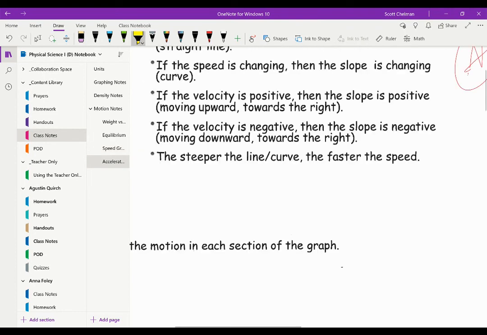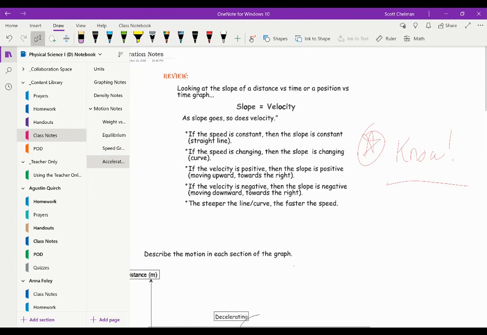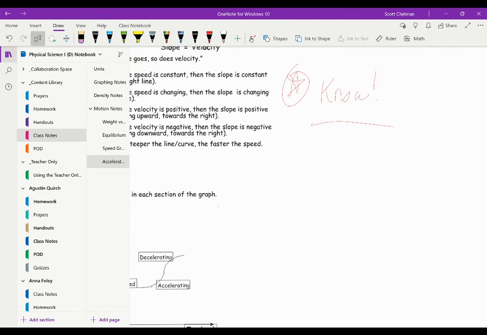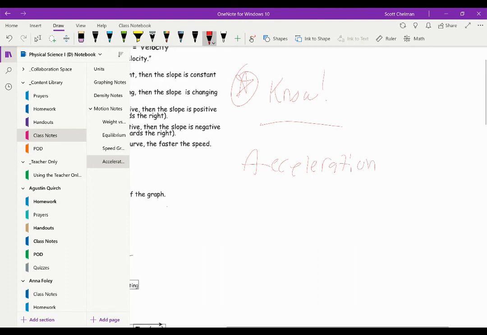Now, what's the term for a change in speed? Yes. Acceleration, right? And we'll replace that with velocity, but good enough. Acceleration is a change in velocity.